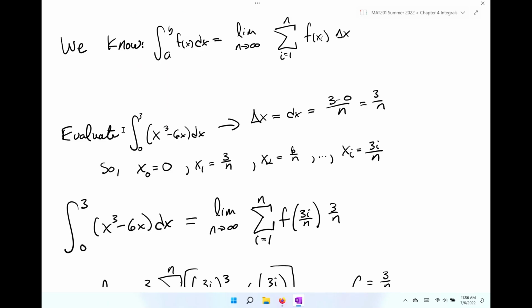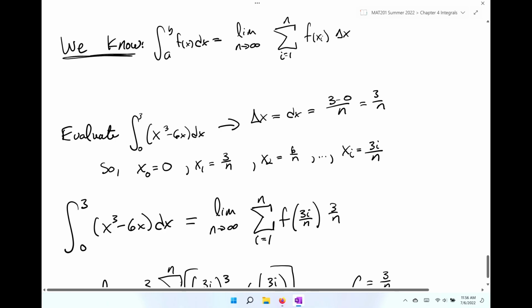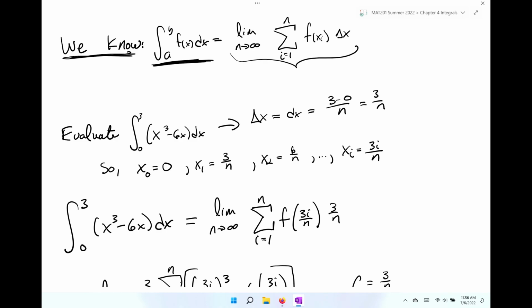All right, so here's what we got. Like I said, this is very difficult, so just follow along. I wrote a lot, but I'm not even done yet, but I just want to walk through this. So at the very start, we know that our definite integral is defined by the limit as n goes to infinity of the summation of i equals 1 to n of f of xi delta x.